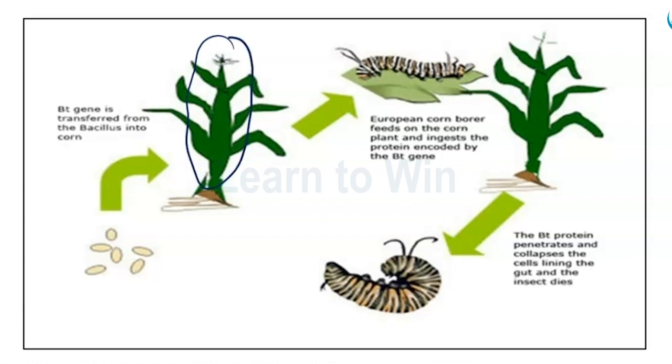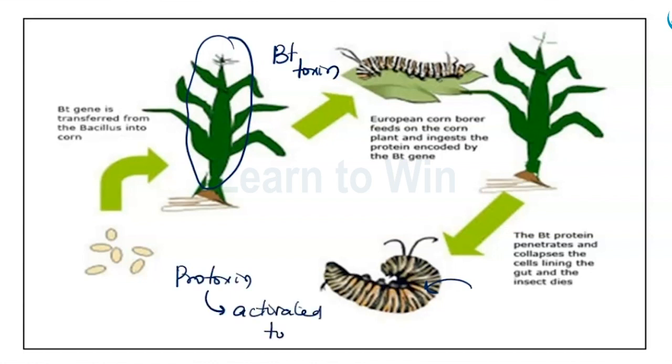The plant itself in its body will produce the Bt toxin. When the insects attack the plant, the Bt toxins enter into the insect. There the protoxin becomes the activated form. Where is it happening? In the mid-gut, and there it will destroy the insect by killing it without spraying a single chemical.